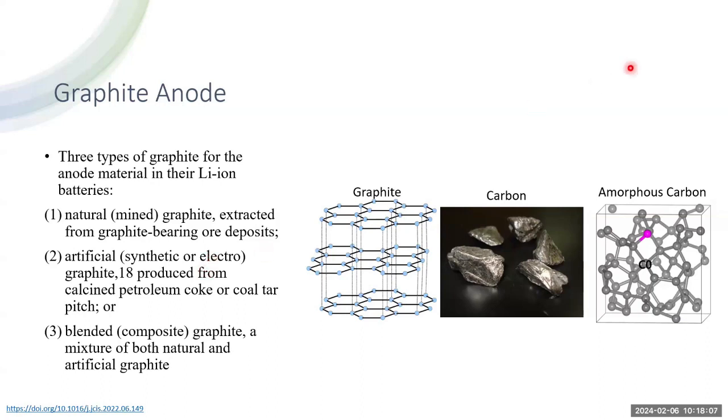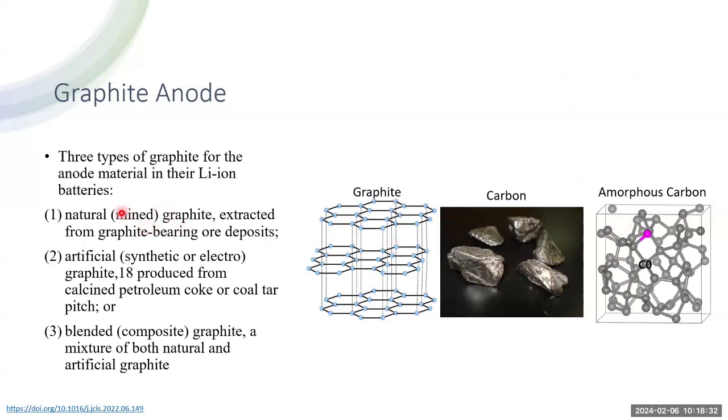So if you have a carbon, you have to put it in a temperature above 700 degrees Celsius to make it battery grade carbon.